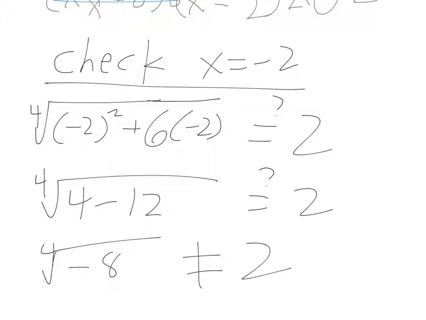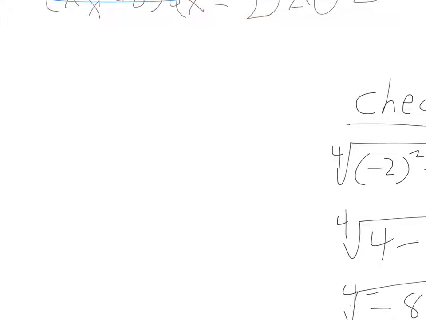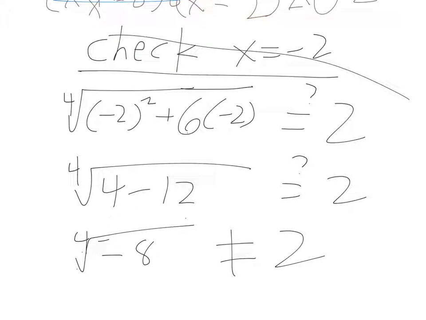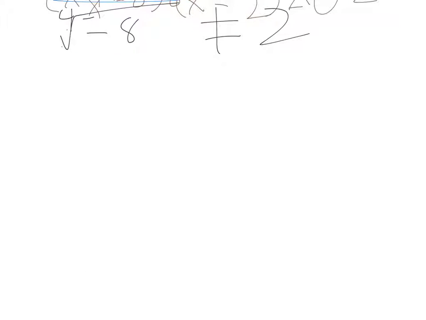Since we're taking an even root of a negative number, you'd end up with an i, a complex number or an imaginary number. So negative 2 does not work. So the only solution that works would be negative 8.